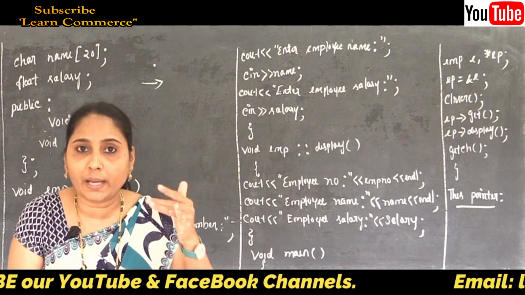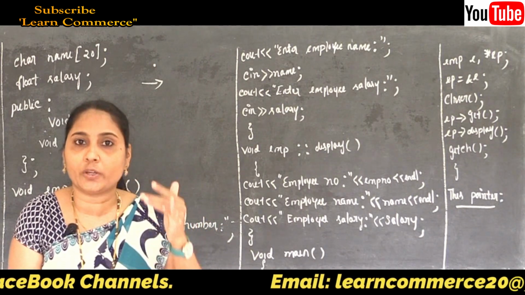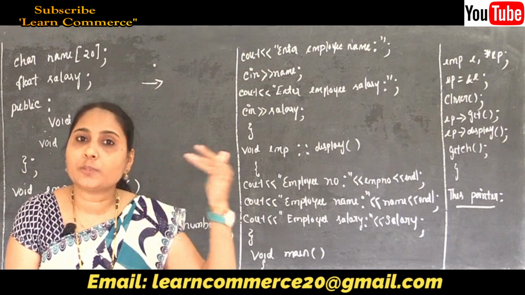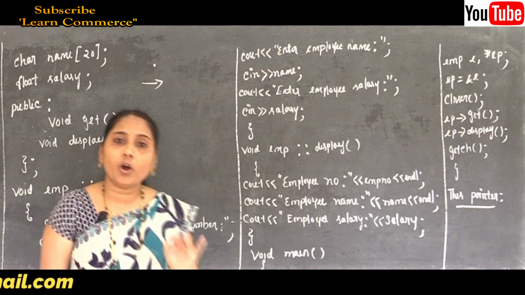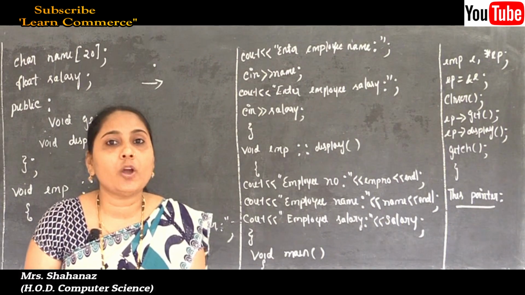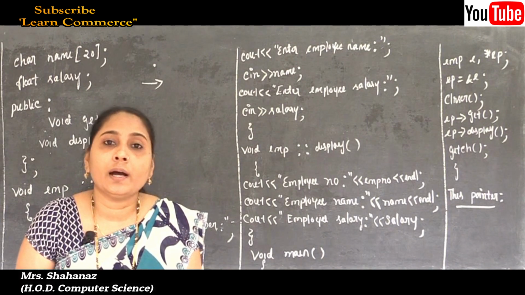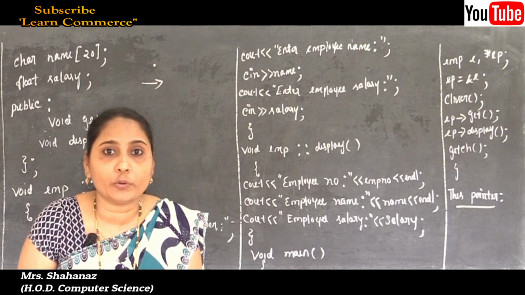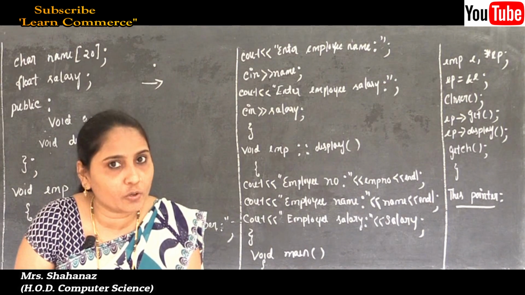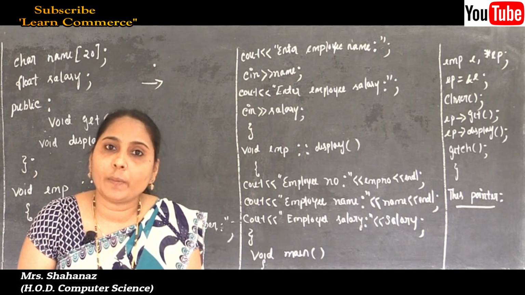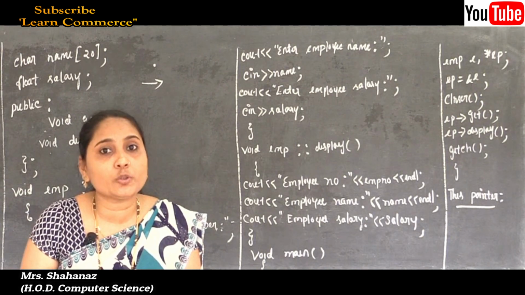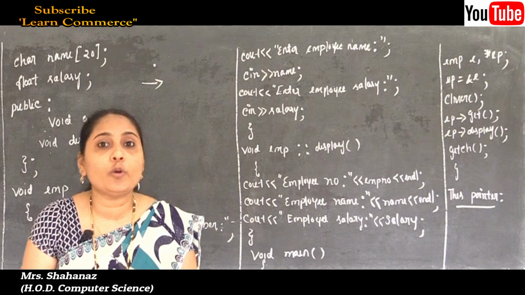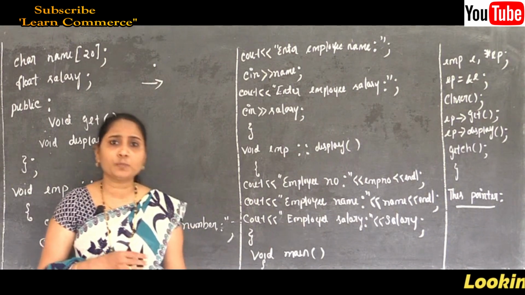Whatever the variable address we can find out by using the pointer, such pointer is called the this pointer here. Or in simple words, all member functions may use it to refer to the invoking object. Why are we using this pointer? Because by using the this pointer only it is possible to refer to the invoking object here.